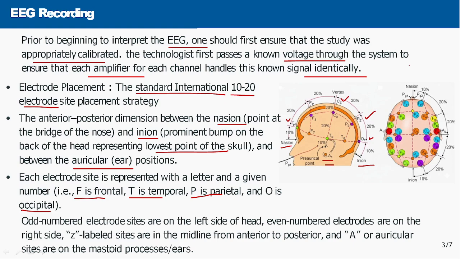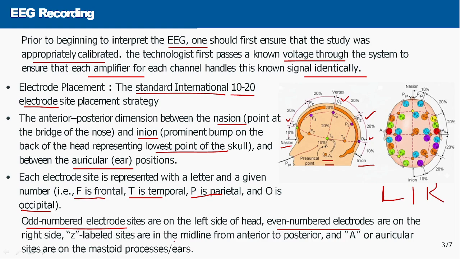If you divide it in this manner, this side is the left side and that is the right side. On the left side you will find all the odd-numbered electrodes: F3, then T3, O1, like that. On the right side we have even-numbered electrodes like F6, F8, F4.